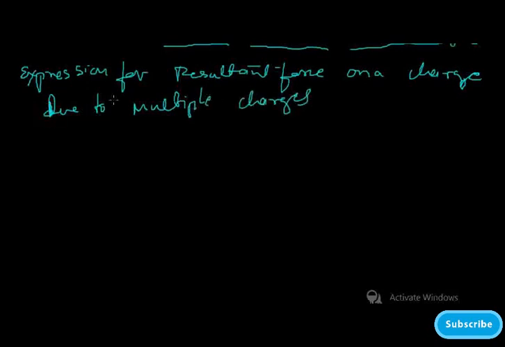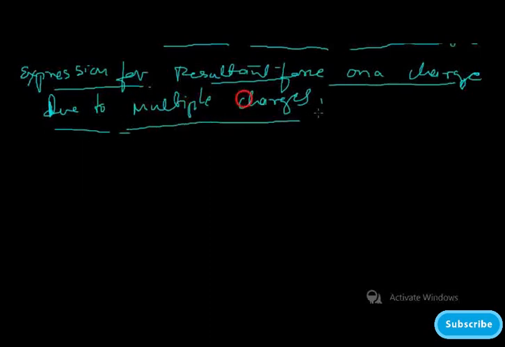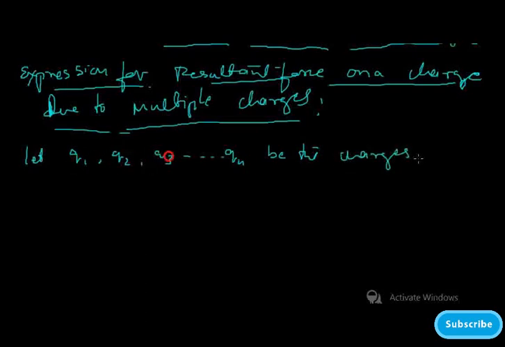So this is the expression you are going to derive using Coulomb's law and also by using the principle of superposition. Let us consider Q1, Q2, Q3, etc., Qn be the number of charges in the system of charges.